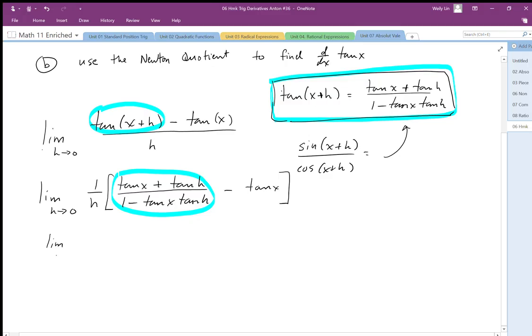So let's do the algebra then. The limit as h goes to 0 of 1 over h. Now I'm going to get a common denominator here, so I can add these fractions.